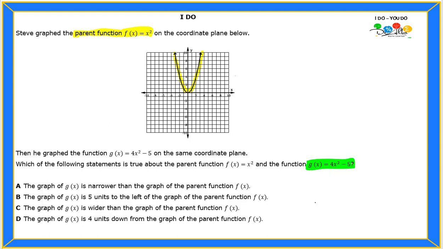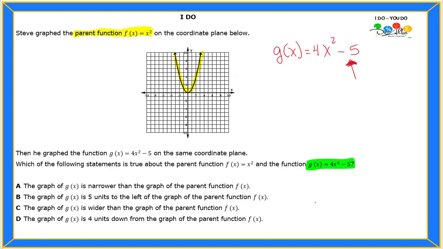So let's write it down over here. g of x equals 4x squared minus 5. One of the easiest, and I'm always going to say this, one of the easiest to compare is this one. And I hope that you remember why. This one tells you whether you're going to go up or down.